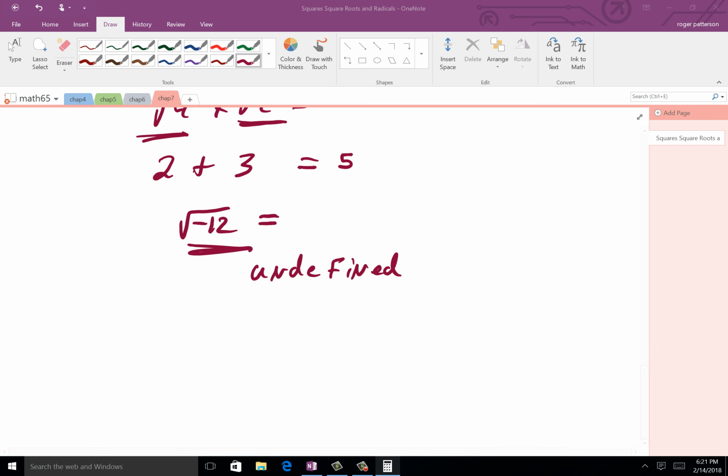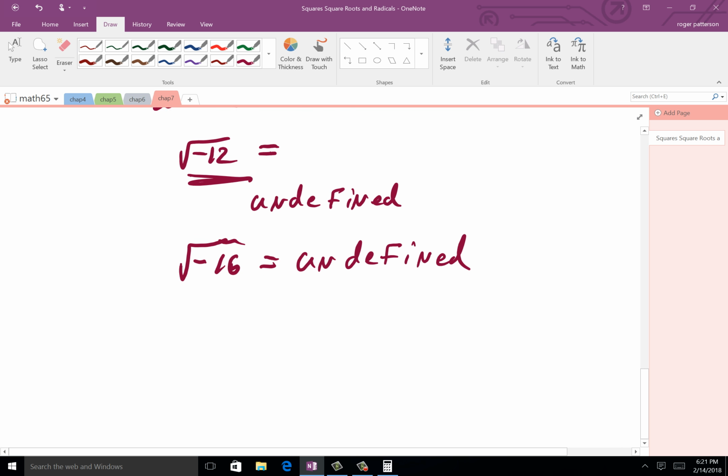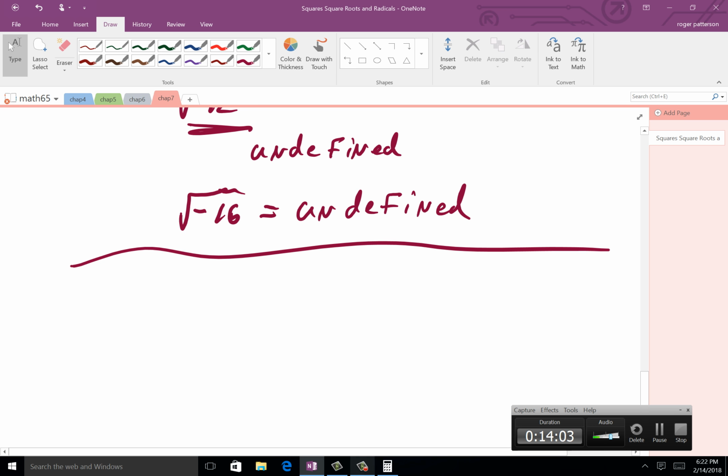Okay, so we cannot take the square root of a negative number, even if it's a nice 16, it's still going to be undefined. Okay, can't do that. Now you can do this though. That's okay, because now the square root's on the outside, right?